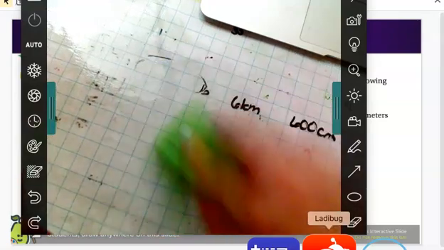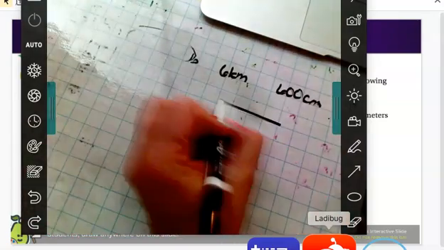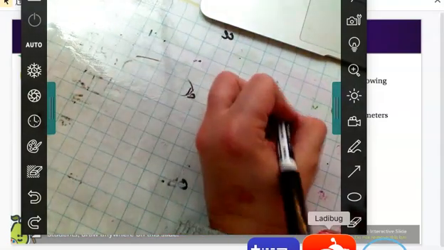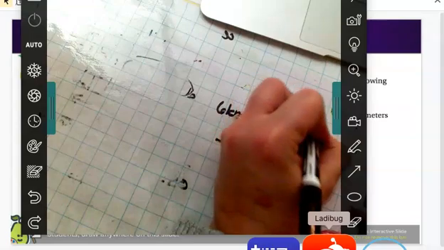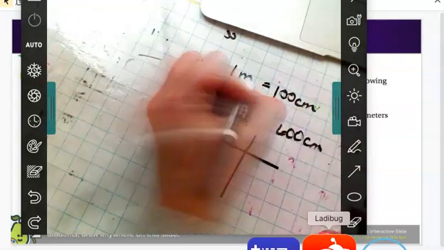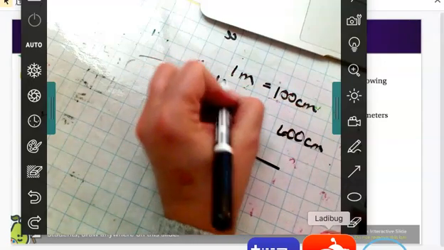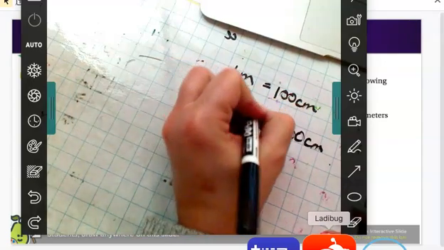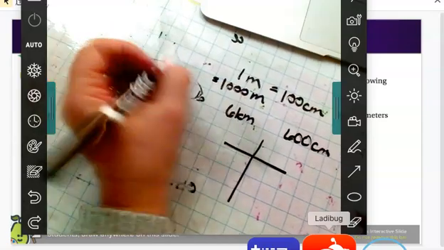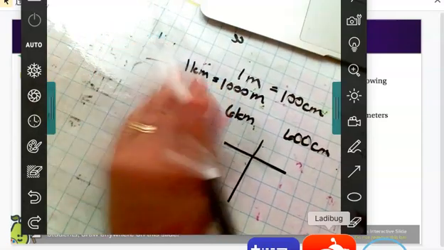All right, your other one was kilometers to centimeters. And this isn't as easy as it looks because there are a lot of steps to this conversion. So what do I know? I know that 100 centimeters is equal to 1 meter. And I know that 1,000 meters is equal to 1 kilometer.